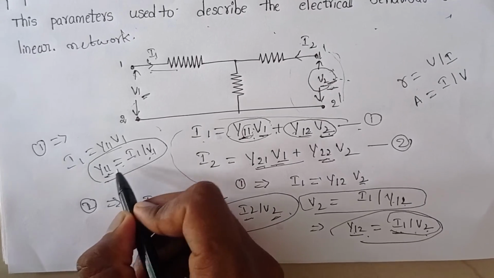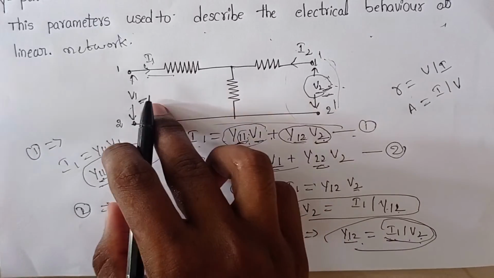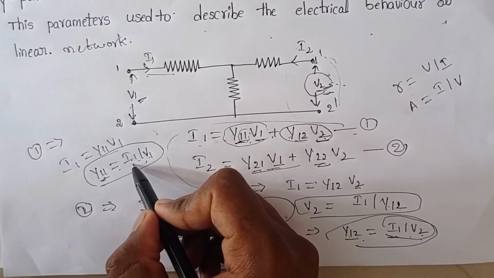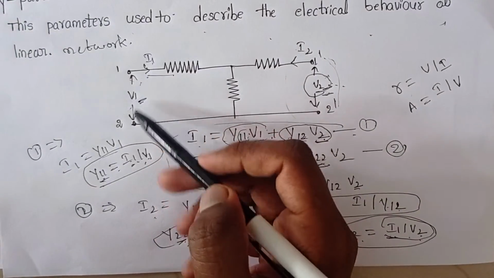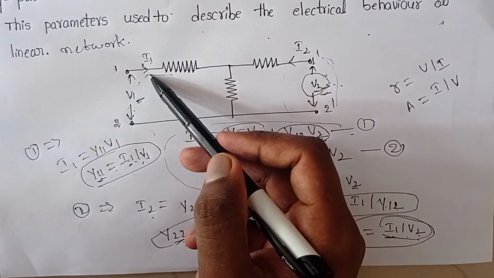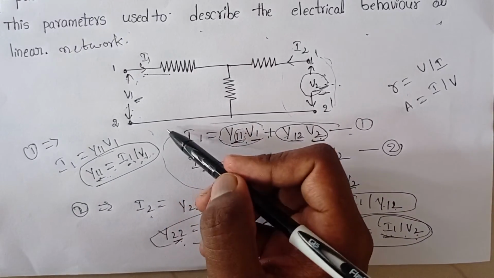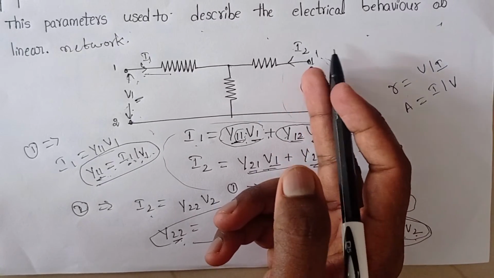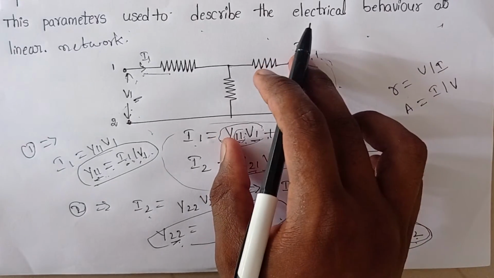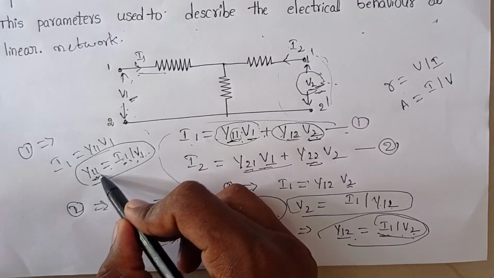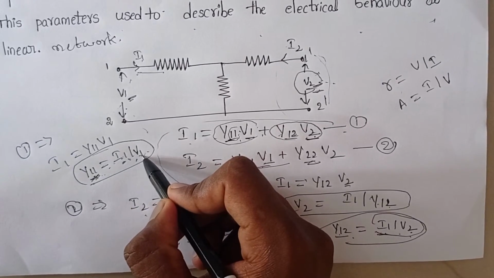I already told you Y11 is nothing but the admittance of the first port, the admittance of the input port. That's why it consists of input current and input voltage, because it is the admittance of the input port. If it were the admittance of the output port, then both current and voltage would belong to the output circuitry. But here we have the input admittance, so we have input currents and input voltages.